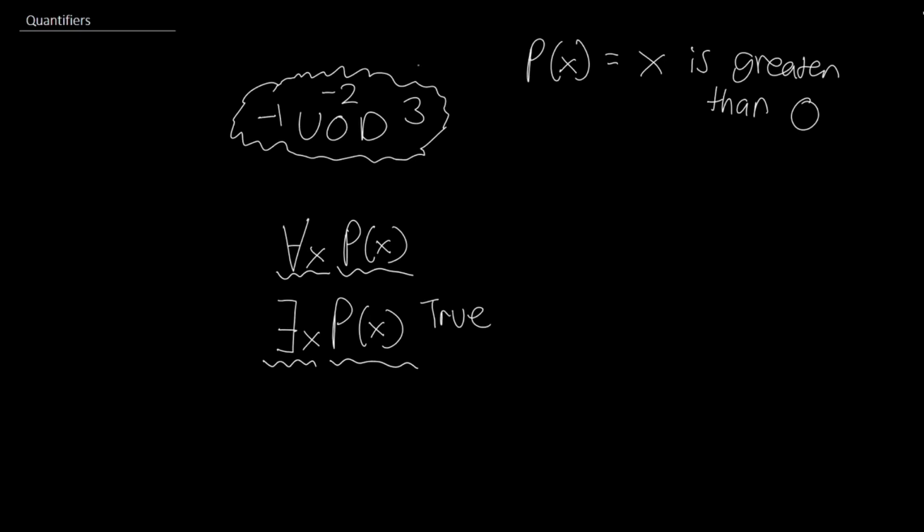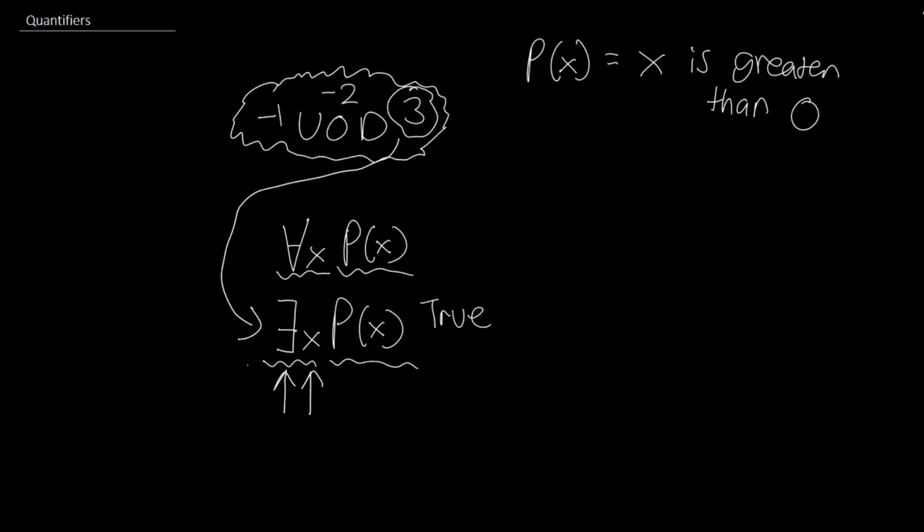Why? Because every single value doesn't have to be satisfied. There just has to exist one value of x. So, well, clearly, at least one positive number exists in this universe of discourse, and we can use that as evidence that this statement is indeed true.